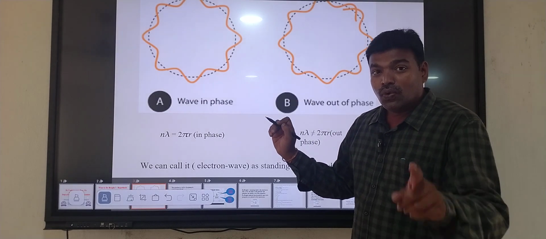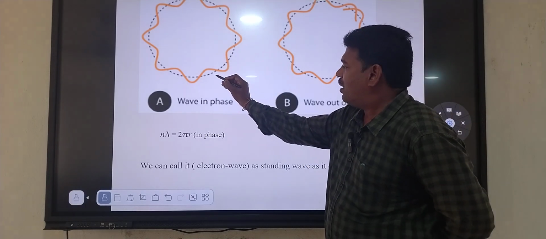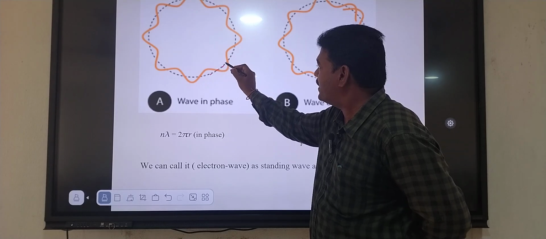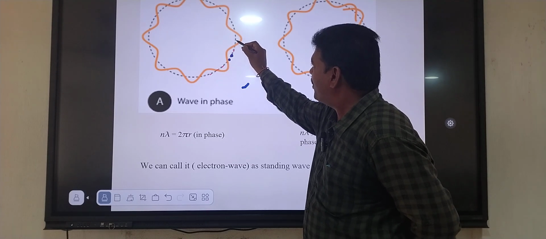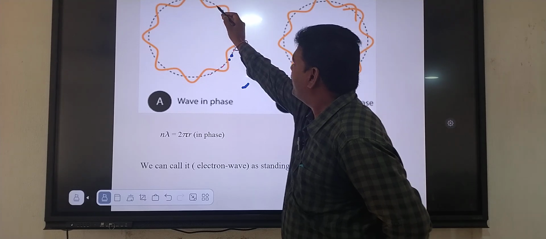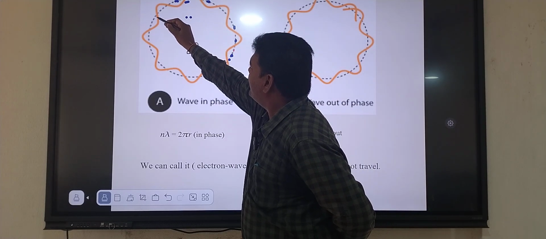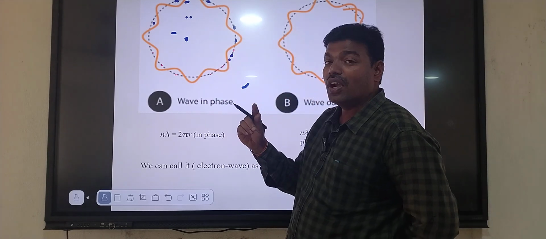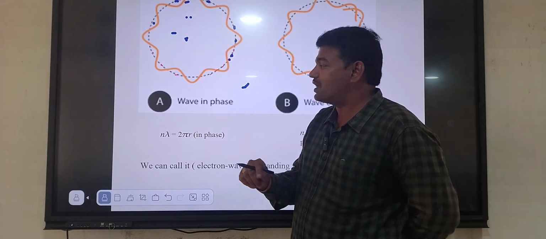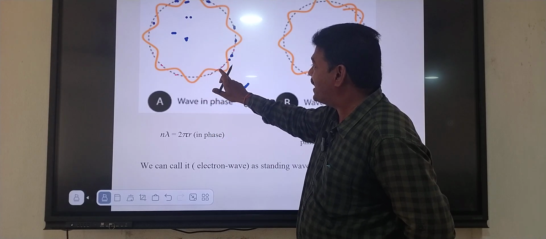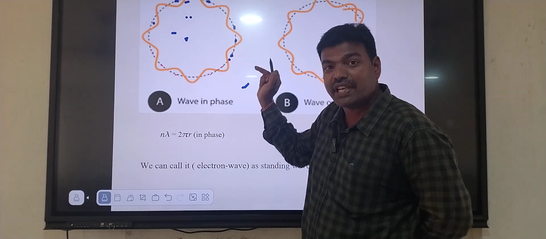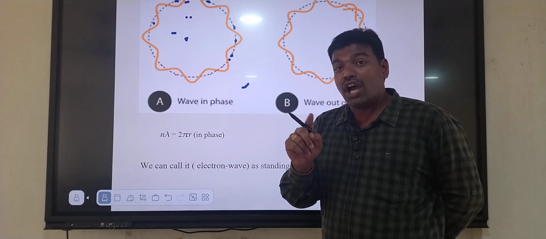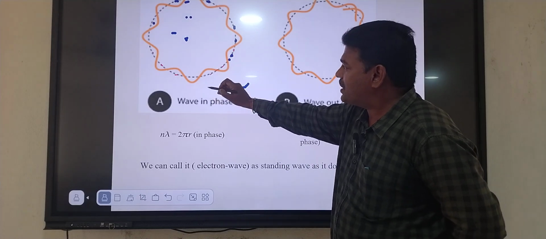You can see the electron wave. Before the advent of de Broglie's hypothesis, the electron revolved in this circular orbit. But after the advent of de Broglie's hypothesis, this electron behaves like a wave because it is associated with wave nature.